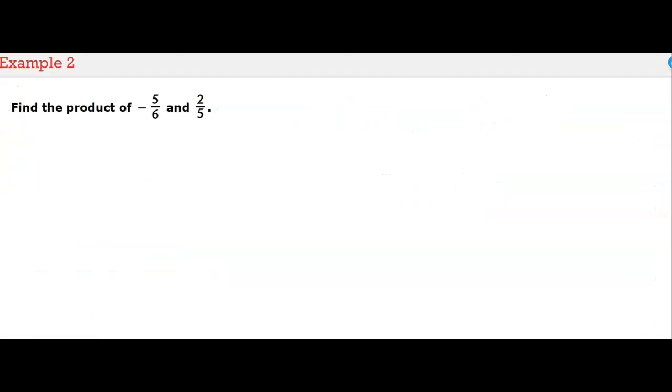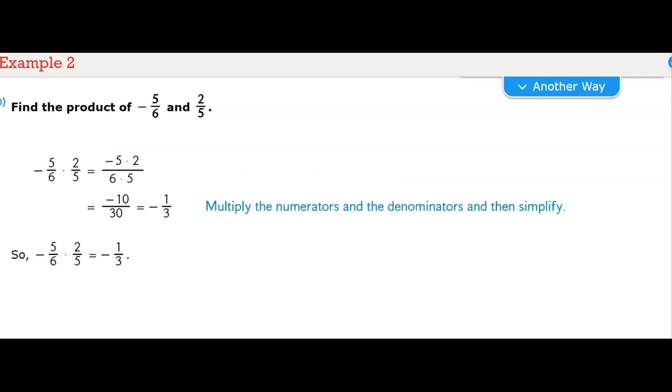Find the product of -5/6 and 2/5. -5/6 times 2/5 is equal to -5/6 times 2/5, written this way. -5 times 2 is -10. 6 times 5 is 30.